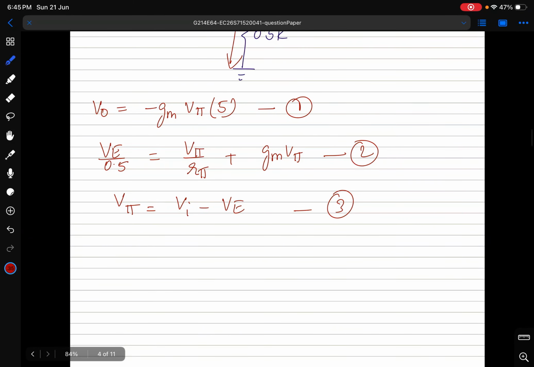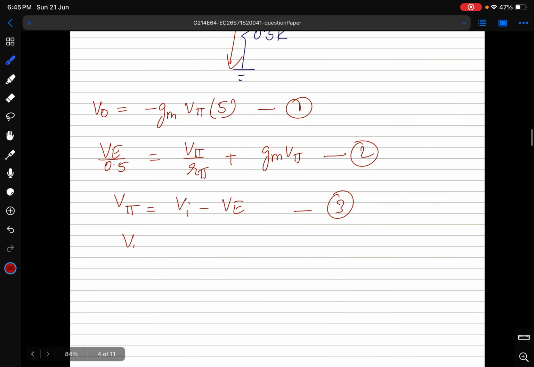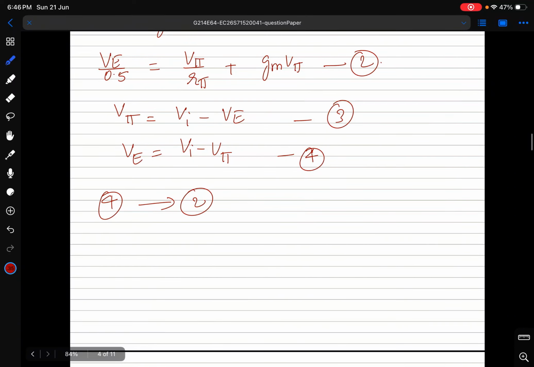So what I'll do is, from this third equation, I'll find the value of VE, which comes out to be Vi minus V pi, and I'll substitute in the second equation. So I'll get Vi minus V pi by 0.5 equals to V pi by R pi plus GM V pi.